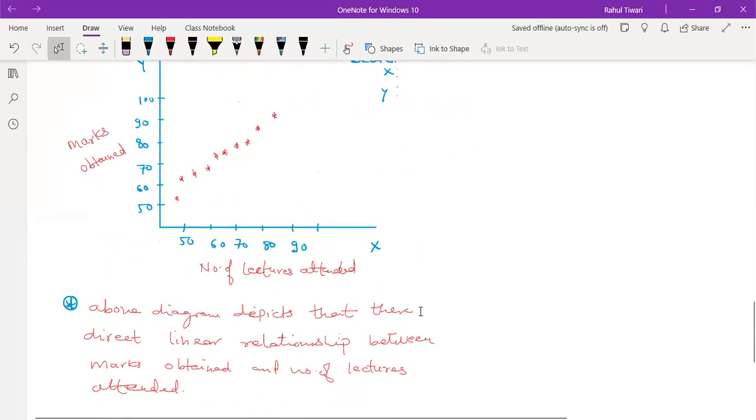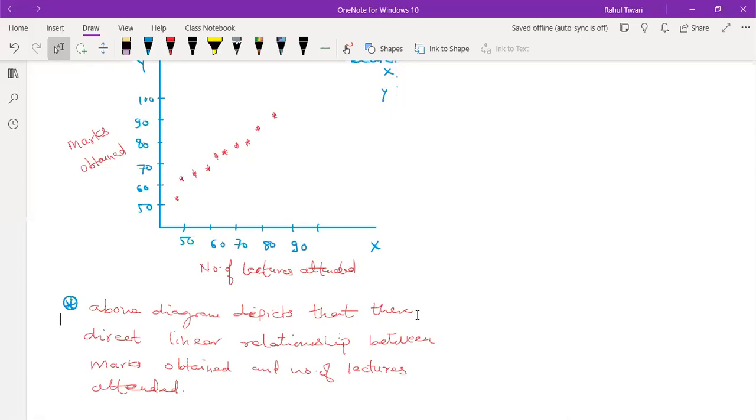So it doesn't give clear-cut information about the graph. Somewhere this scatter diagram fails to give more information.